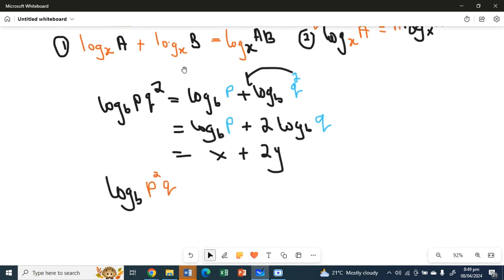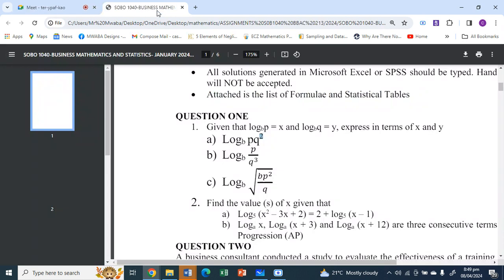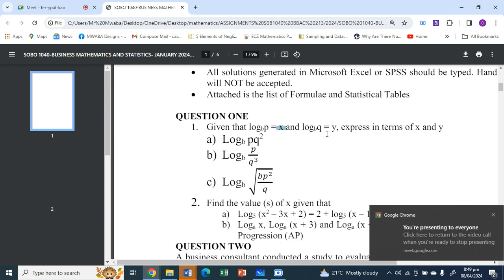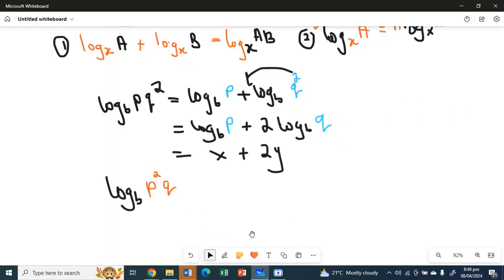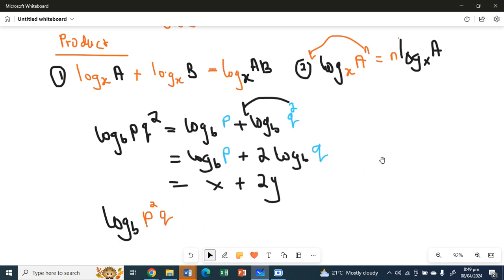So, sir, we are looking at question one for the assignment. We need to express x and y in terms of this logarithm here. As I said earlier, we are going to need to utilize two rules.